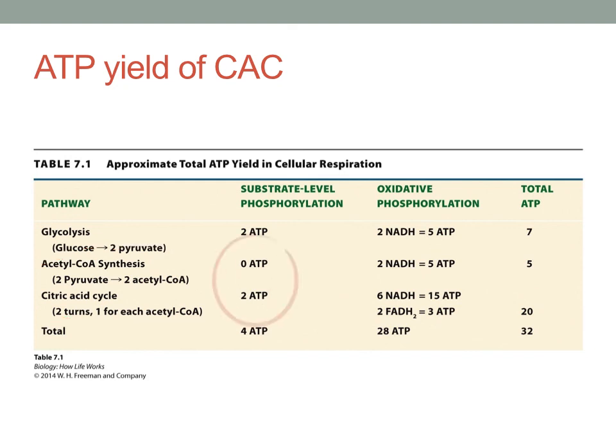So overall, if you look at the direct ATP production from the glucose molecule, you have 2 ATP molecules coming from the glycolysis, 0 ATP molecules coming from the acetyl-CoA, 2 ATP coming from the citric acid cycle, and overall it will make a 4 ATP yield for each glucose molecule.